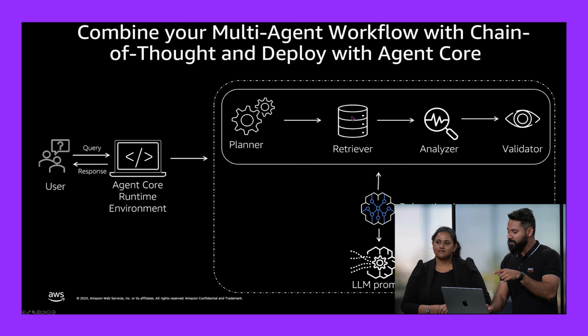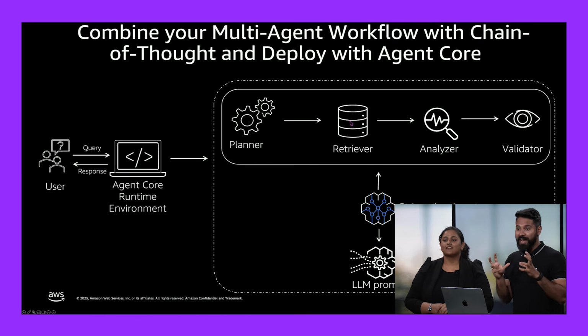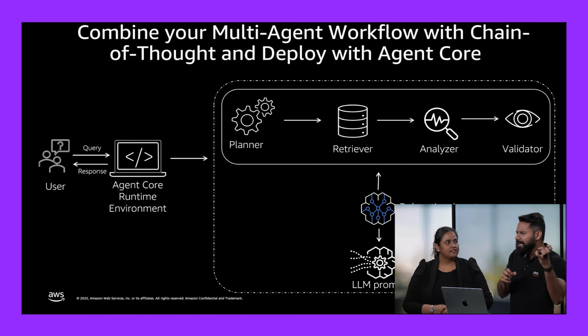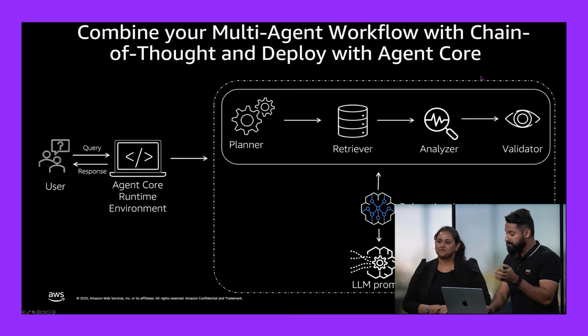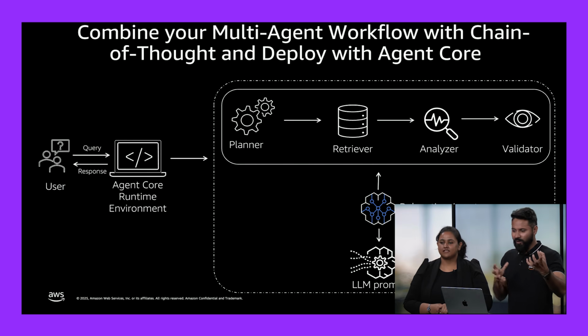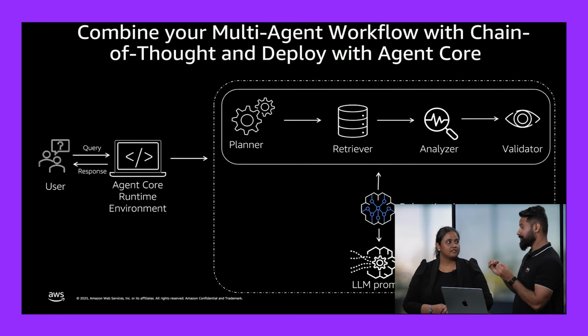And then there's a retriever agent which can have tools that can retrieve data from XYZ sources. Then there is another agent called analyzer. Now this analyzer agent will understand, okay, all the data that I've retrieved, is it correct? Is it validated? And everything goes to your validator, which ensures a smooth output that you are actually requesting. Can you see how interesting this is?